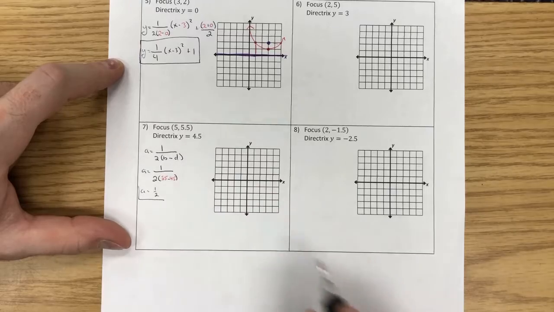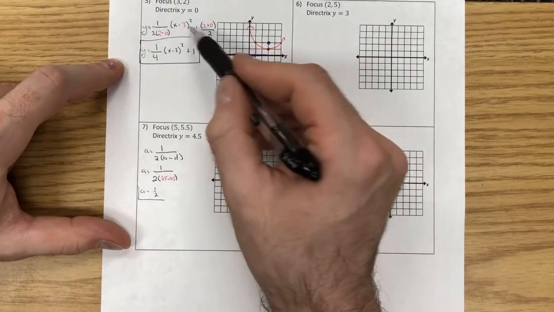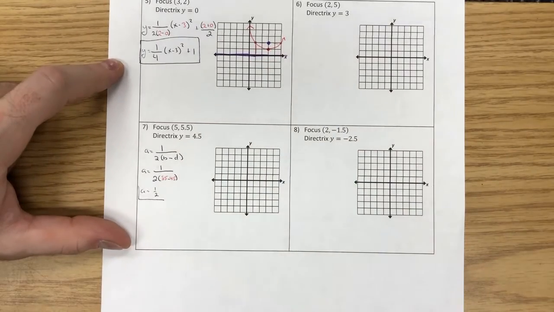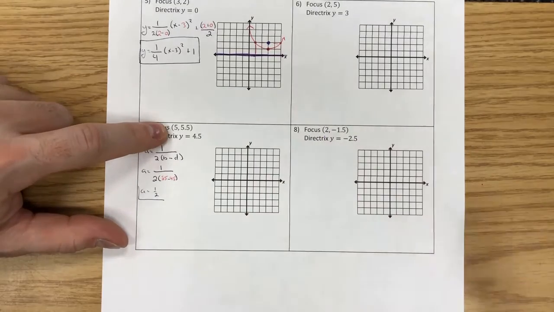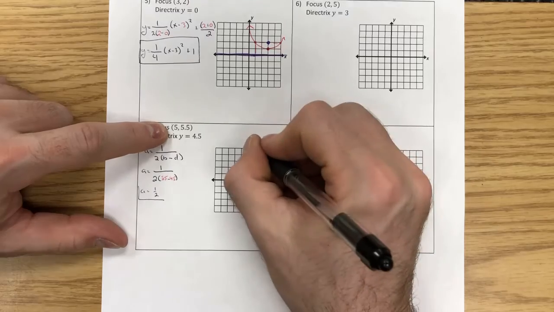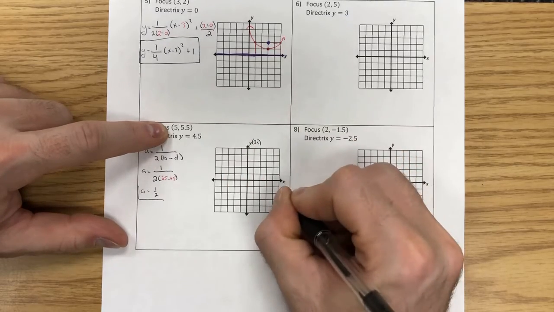So let's see if I can use that information to skip having to calculate all of this. So I have a focus at, I'm going to have to scale this one back. So I'm going to do this by 2's.